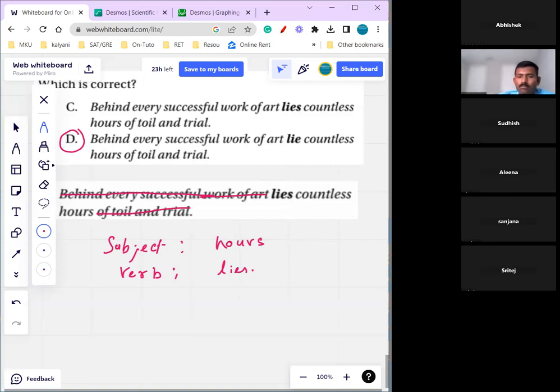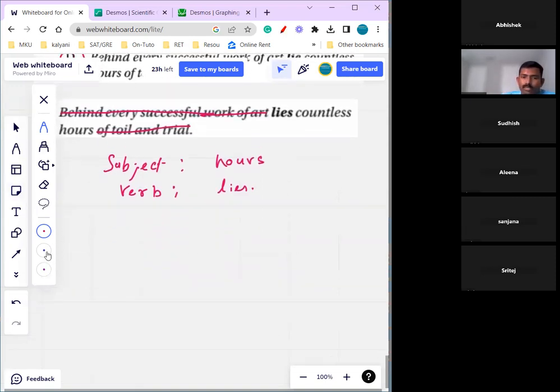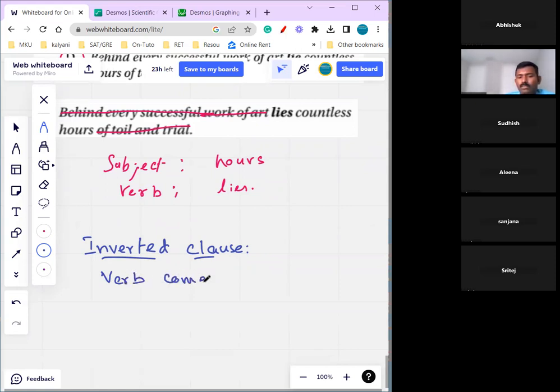I'm going to write down some rules up here, so that we have some notes. Inverted clause: the verb comes before the subject.